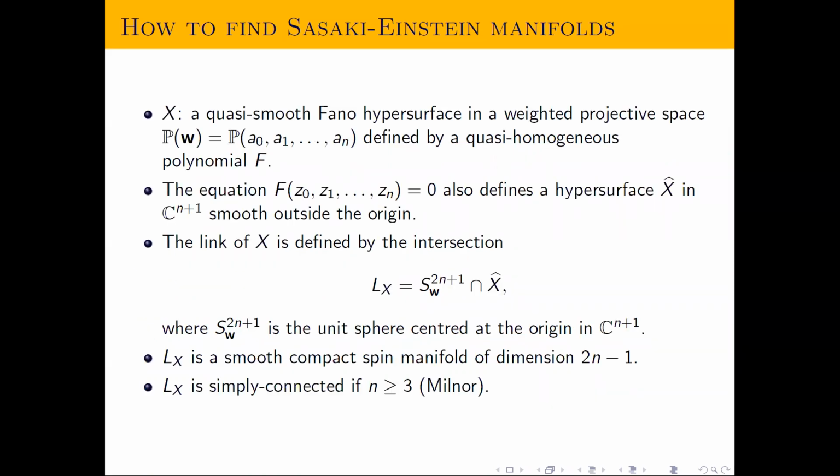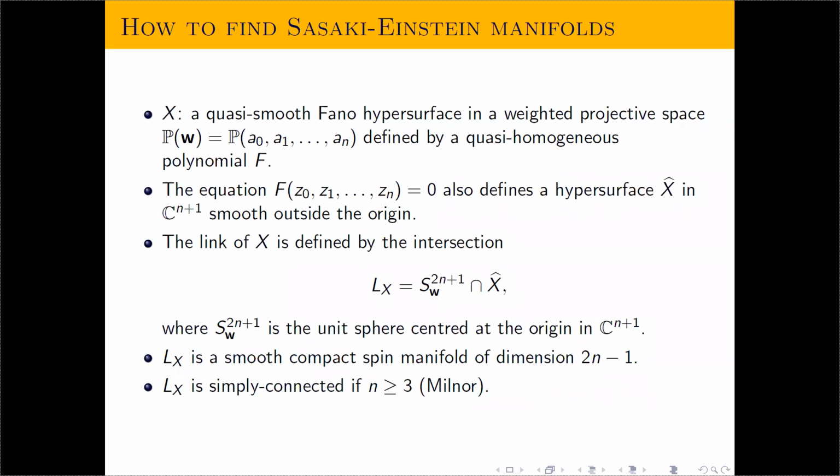So you consider a quasi-smooth Fano hypersurface in a weighted projective space, with weights here, defined via a quasi-homogeneous polynomial. And this polynomial defines the affine hypersurface in C^(n+1), smooth outside the origin because our assumption is quasi-smooth.